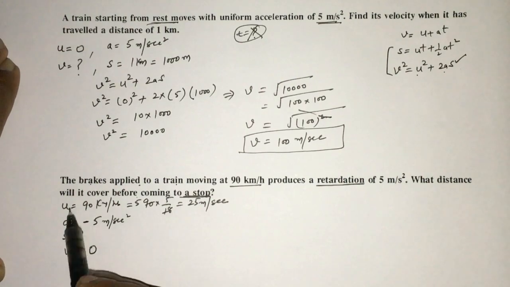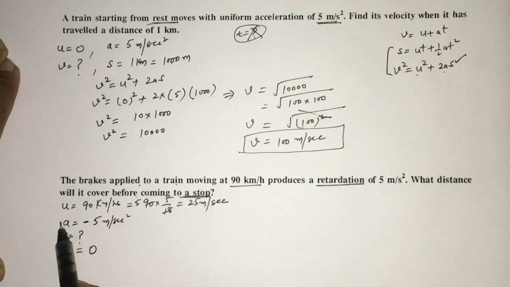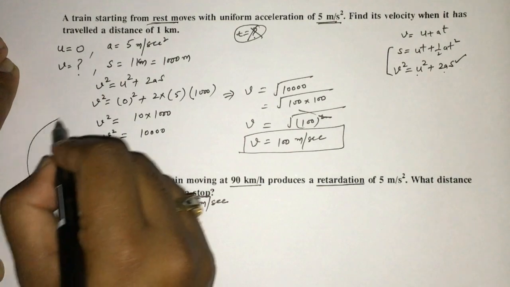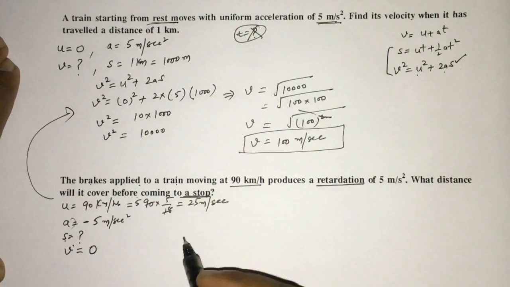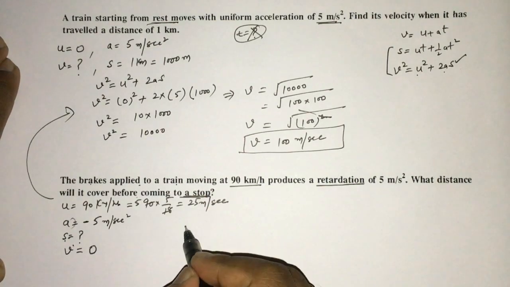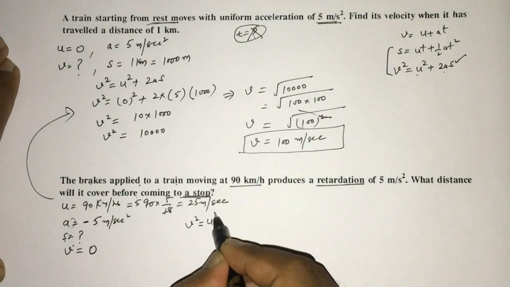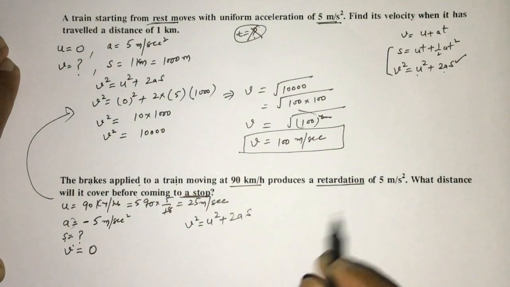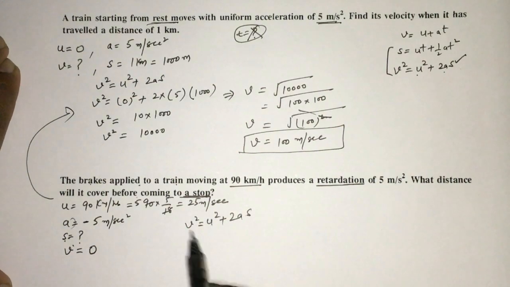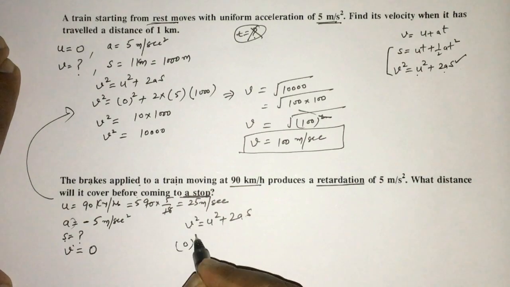Fine. Now we have the value of u, we have the value of a, we have the value of v also. We need to calculate s. Similar to question number 2, we use the third equation of motion, v square is equal to u square plus 2as. Fine. The value of v is 0.